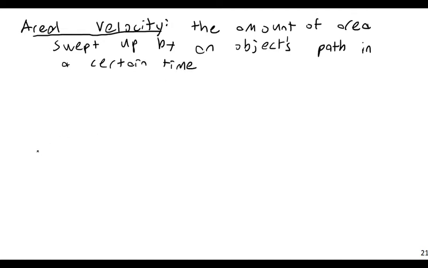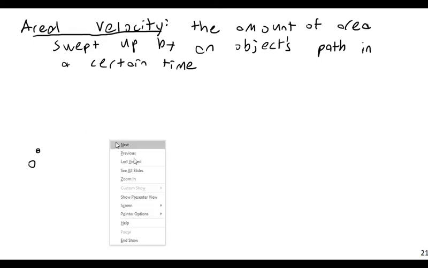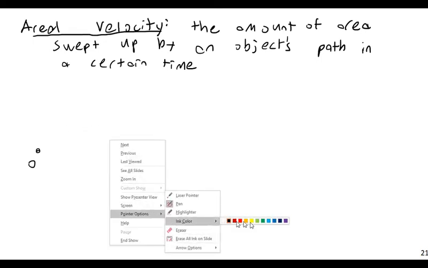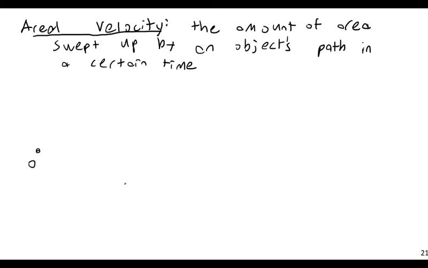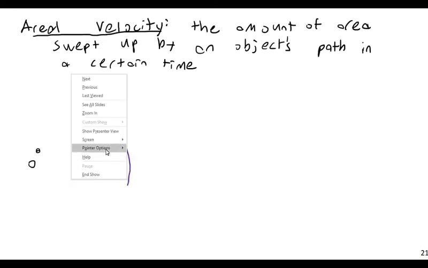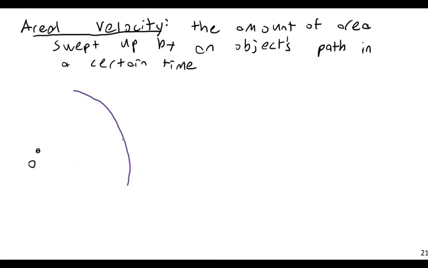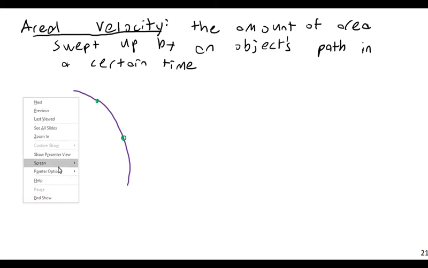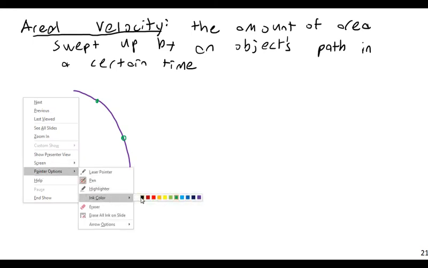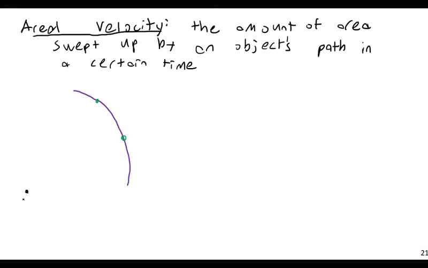So if you have an object here, an origin here at O, and then an object's path. Let's say we have an object that goes from here to here, and let's say we have an original angle. Actually, let me put the origin down here.